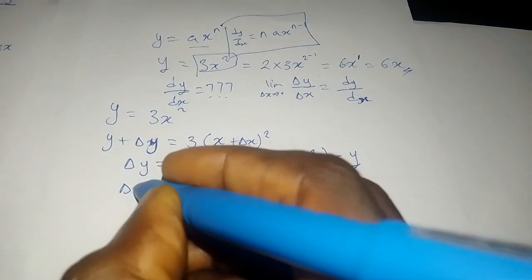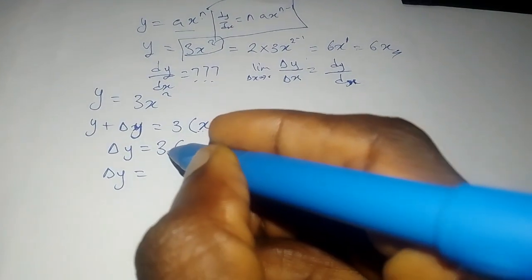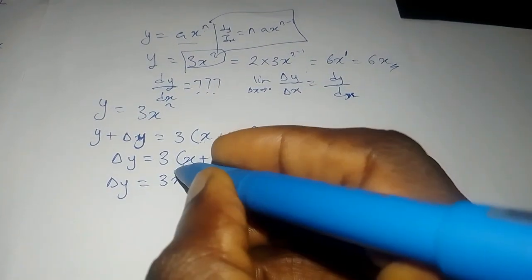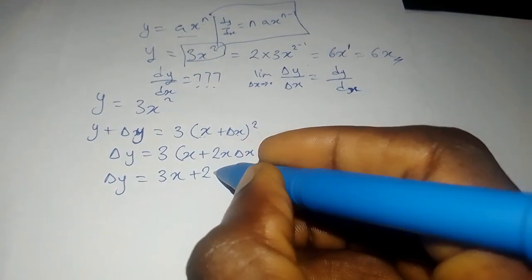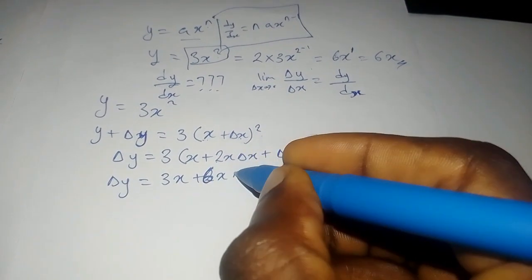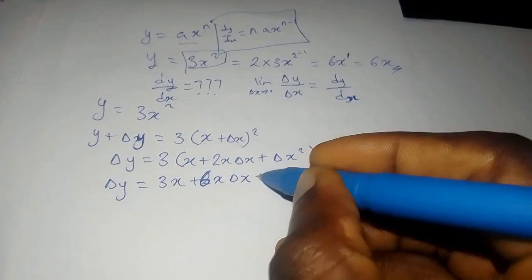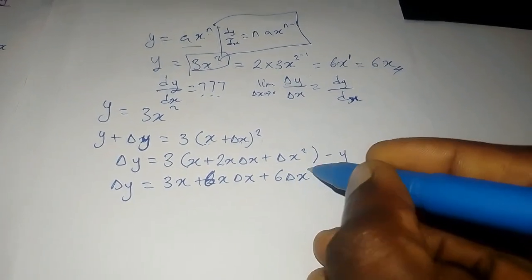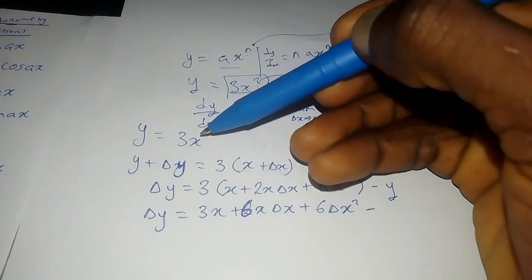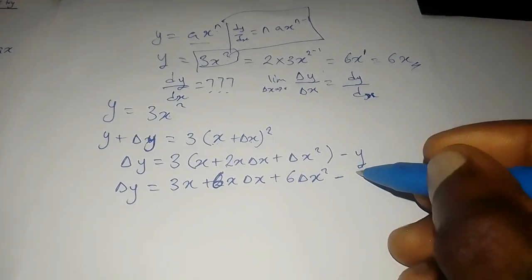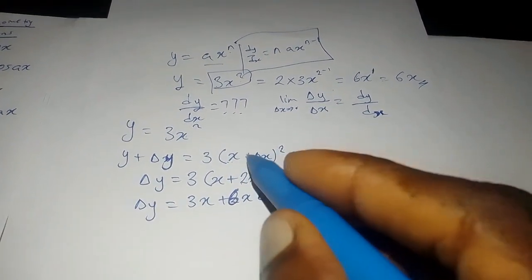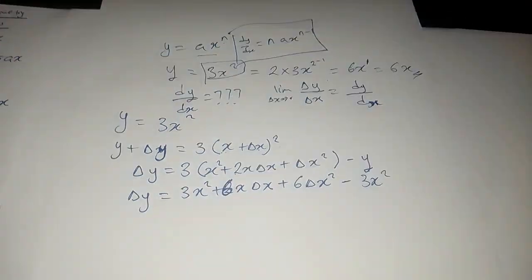So from here delta y is equal to 3x squared plus 2 times 3, that's 6x delta x, plus 6 delta x squared, minus, what's my y? We said earlier that y is equal to 3x squared.